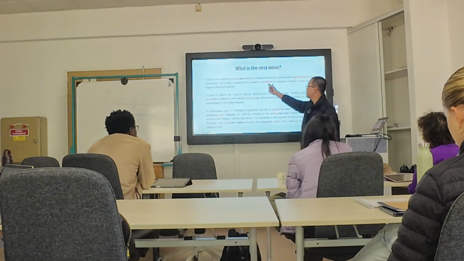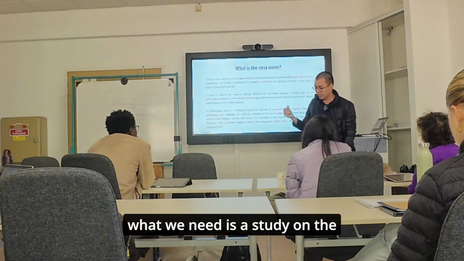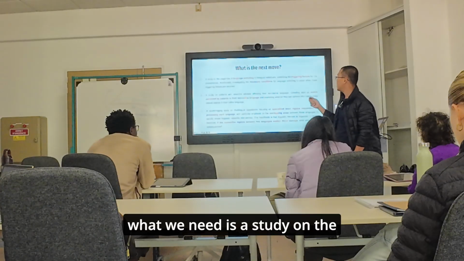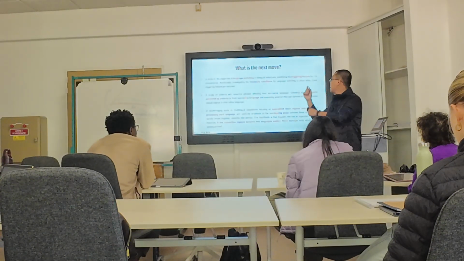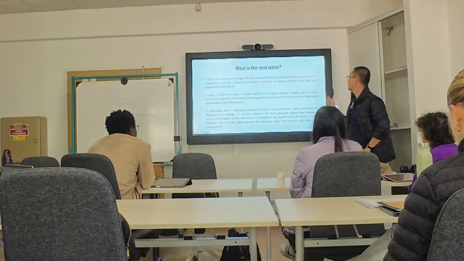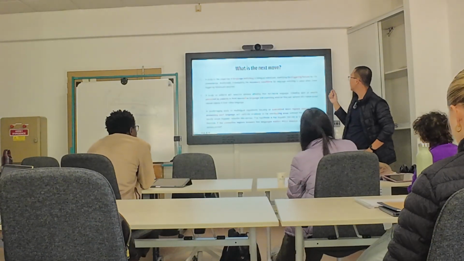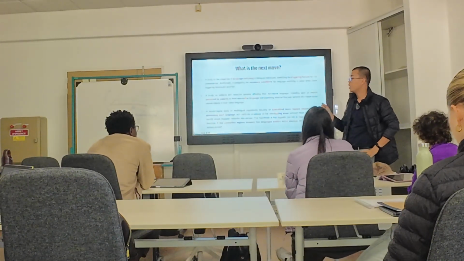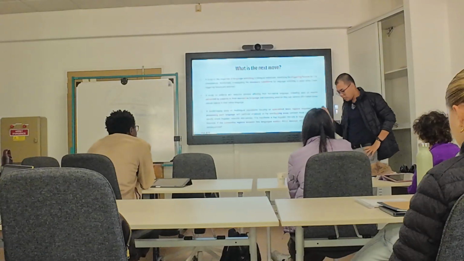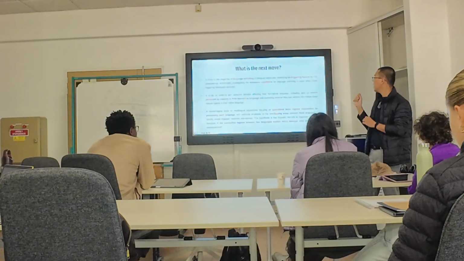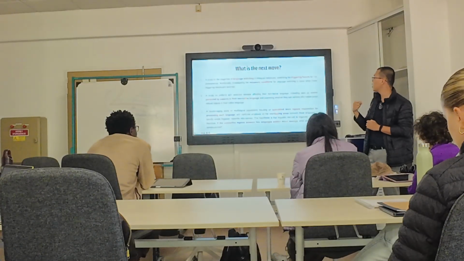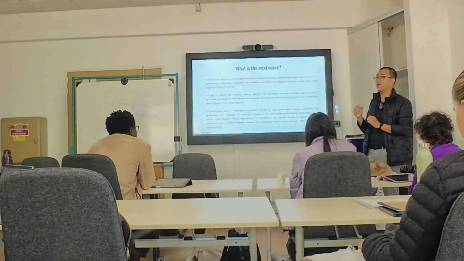For example, what we need is a study on the properties of language switching, the alternation of layers in bilingual individuals, identifying the triggering factor for this phenomenon. Additionally, we need to investigate the necessary condition for language switching to occur when these triggering factors are removed.